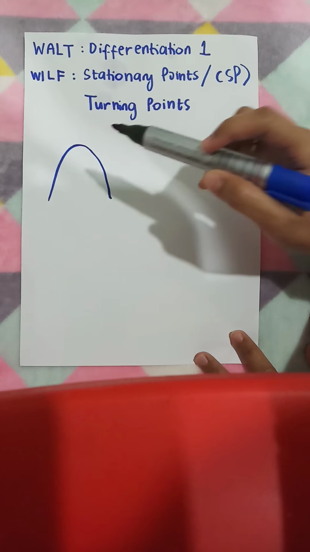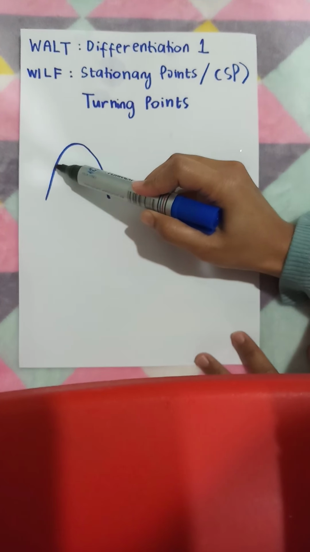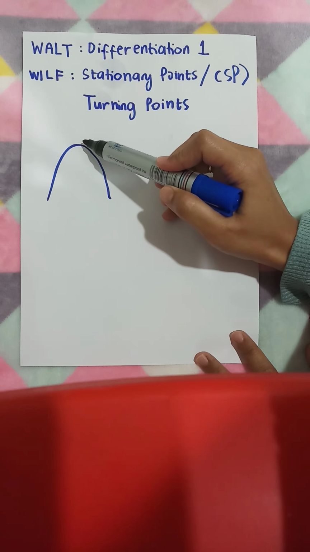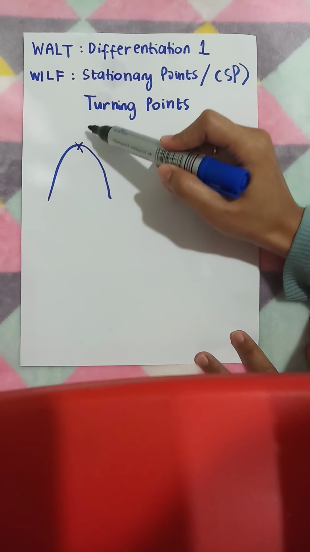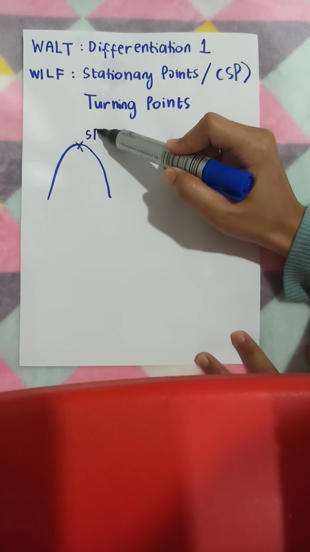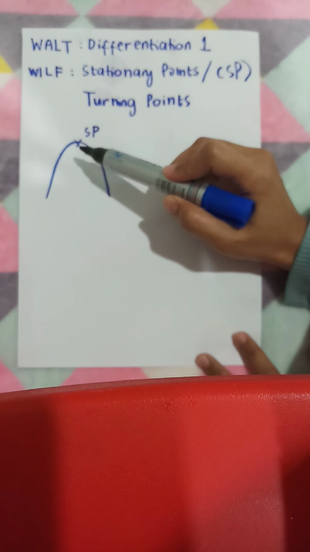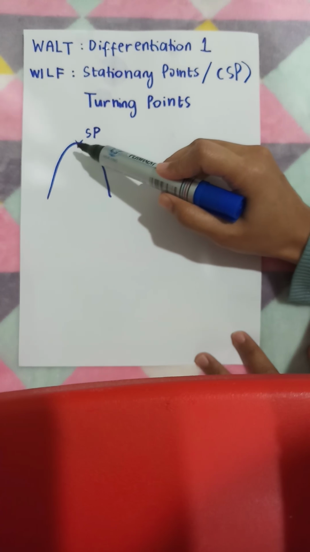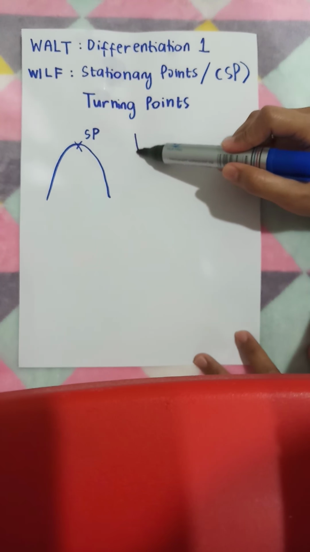I'm going up, and then at this particular point where I start to go down, this point is what we call a stationary point, where your curve starts to change direction.